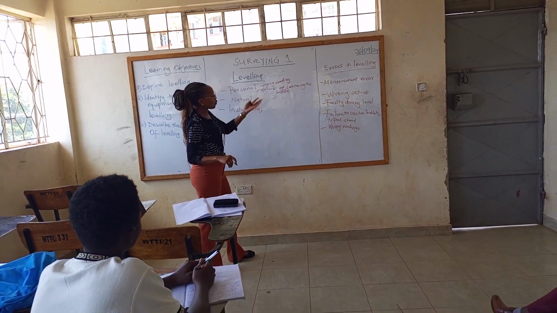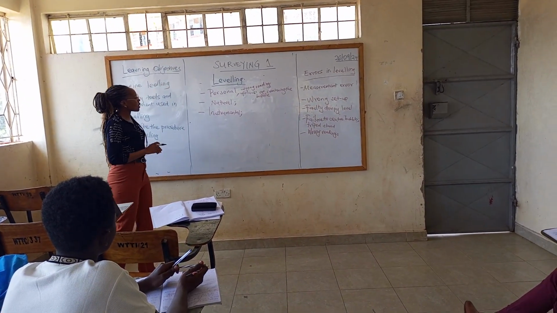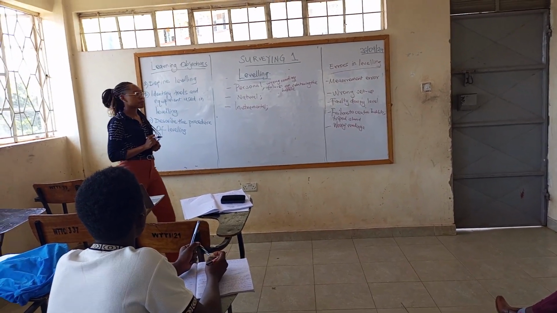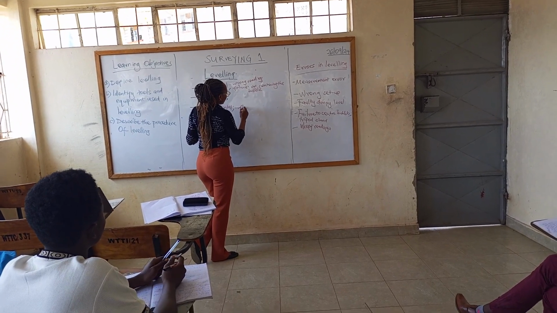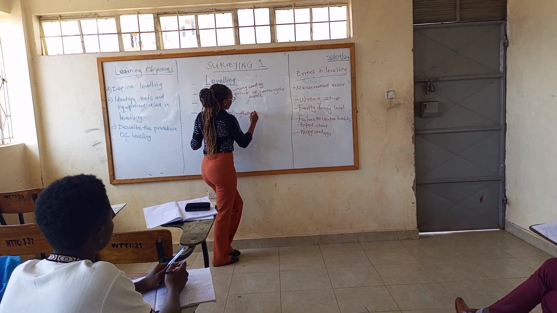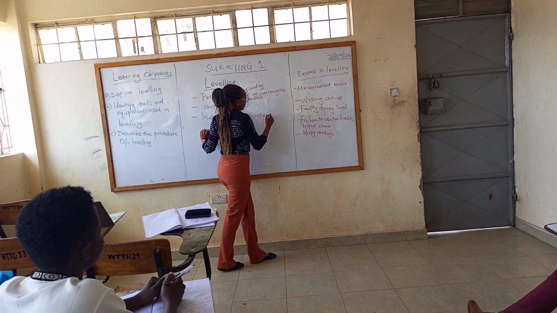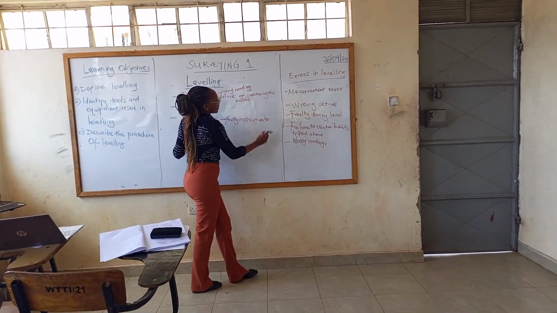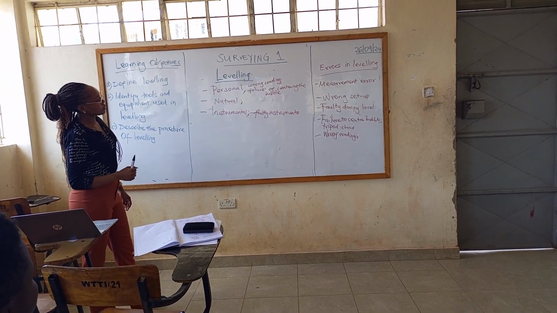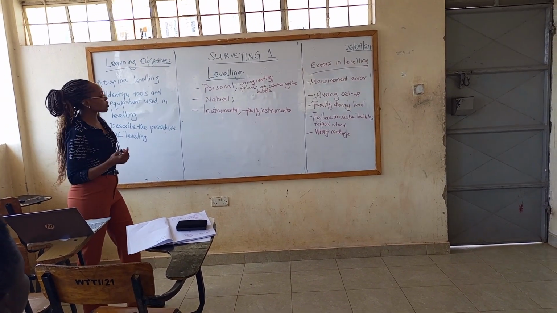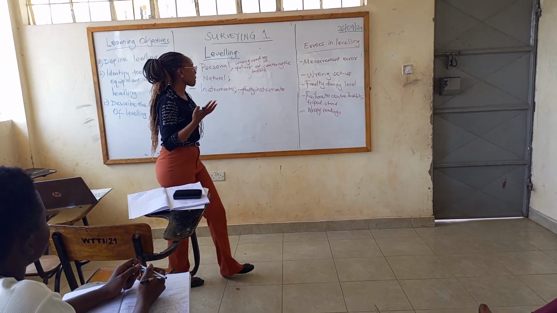Now, if you look at faulty dumpy level, which category does that lie under? Instrumental, that's good. Now, if you look at wrong setup. Wrong setup, personal. So your measurement error, personal.